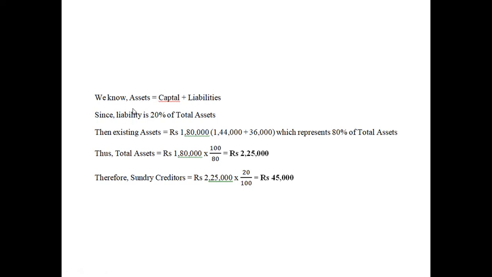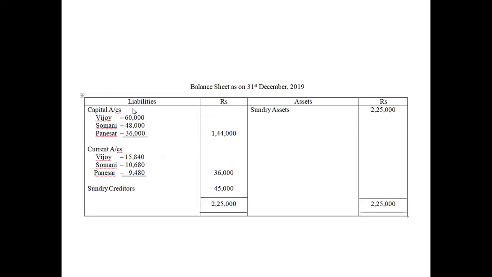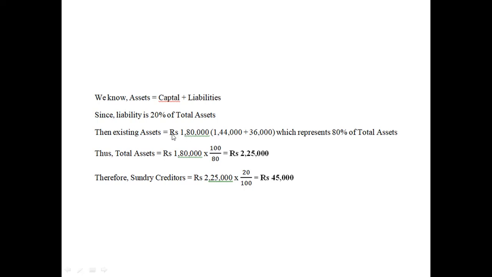So whatever is the existing amount, 1,44,000 plus 36,000, is equal to how much? It is your 1,80,000. So the existing amount, 1,44,000 plus 36,000, actually represents 80% of total assets, excluding 20% for liabilities.